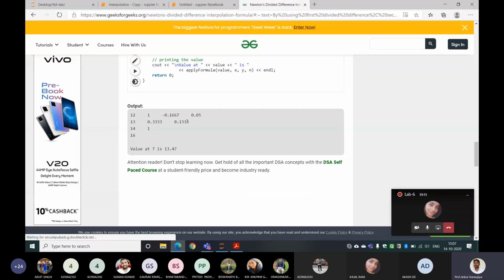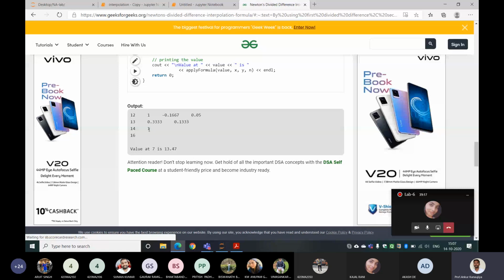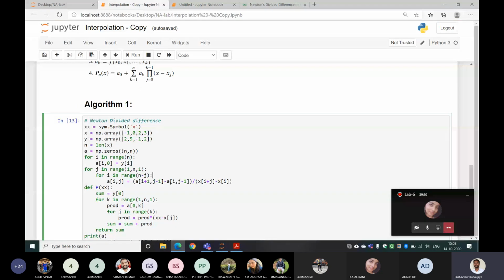If I call this ij, then we have to take the difference in order to calculate this value, right or not? So to calculate the ij entry, you need i plus 1 and i in the previous column. Take the difference divided by x, and you will get it, right?